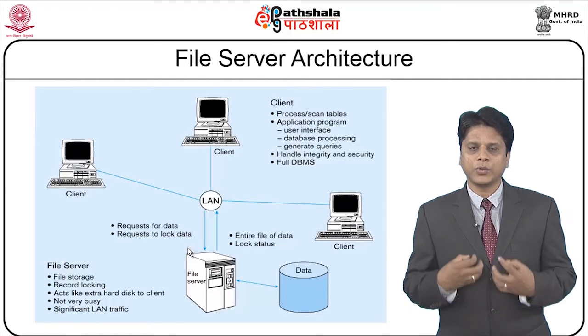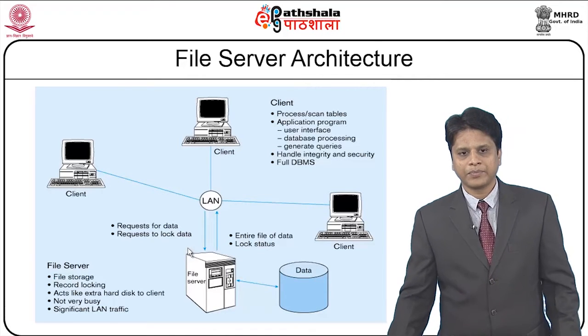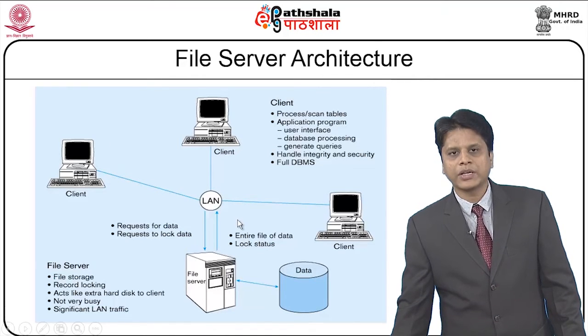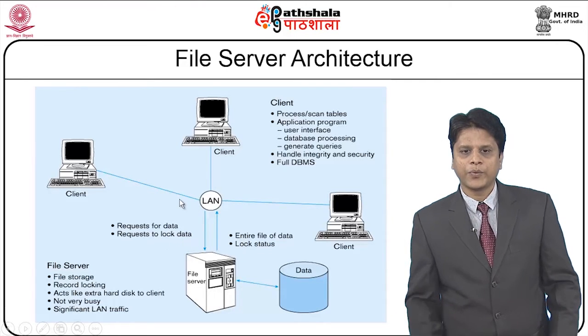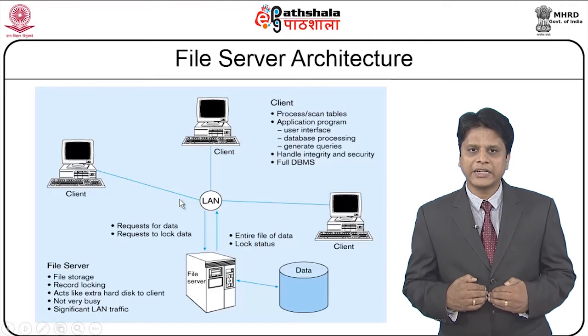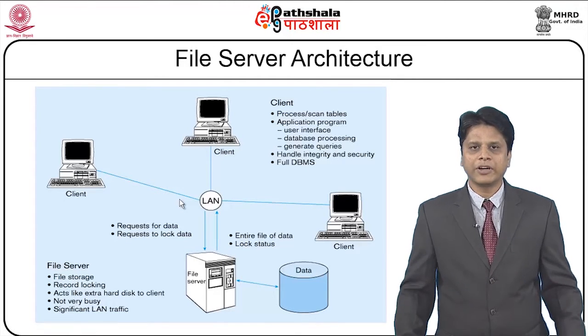Those will be done at the client by itself. So in the networking system, the client can request data, a request to lock the data, and from the server it will be given back, where the entire file of data will be transferred to the client and the lock status will also be given to the client.